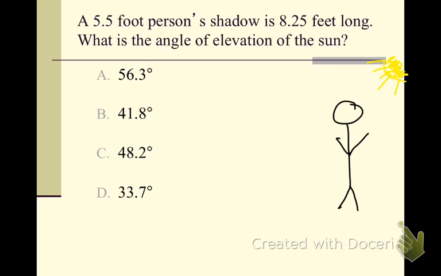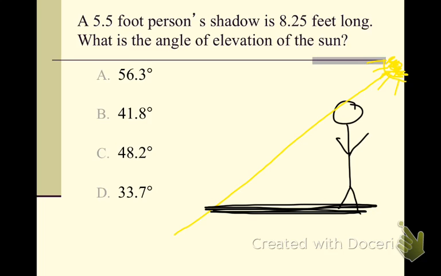The sun is shining its rays down on this person so that the person is casting a shadow. Here's the person's shadow right here, 8.25 feet long. And of course, this person is 5.5 feet tall, standing completely upright so that they form a 90-degree angle.